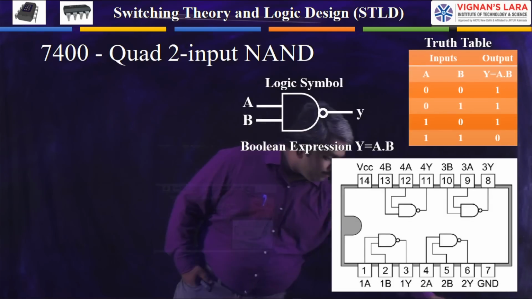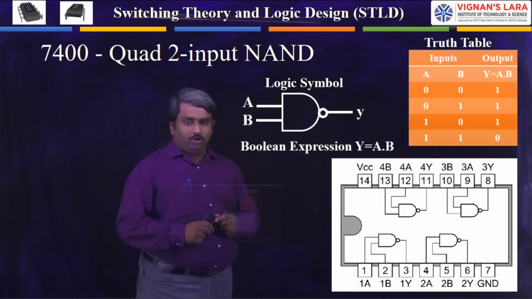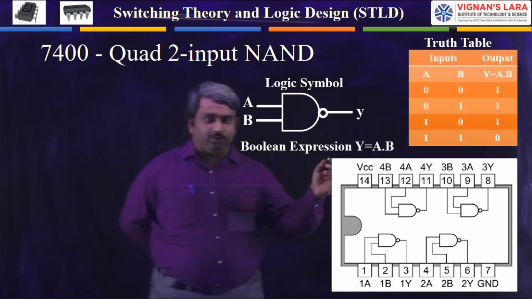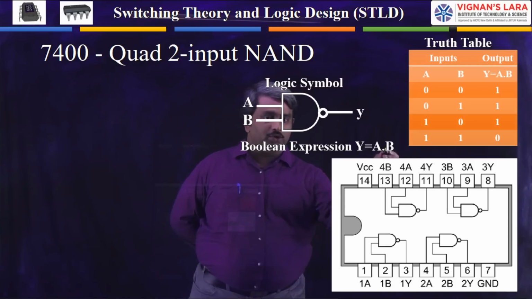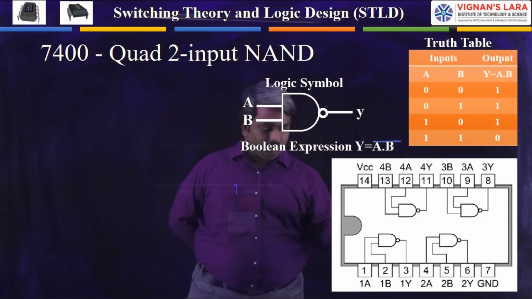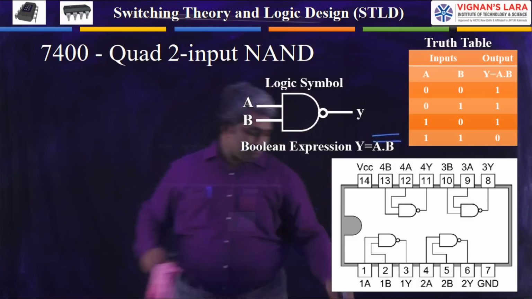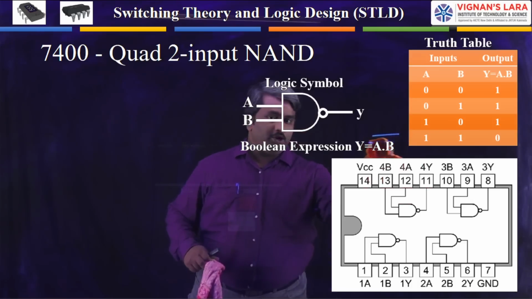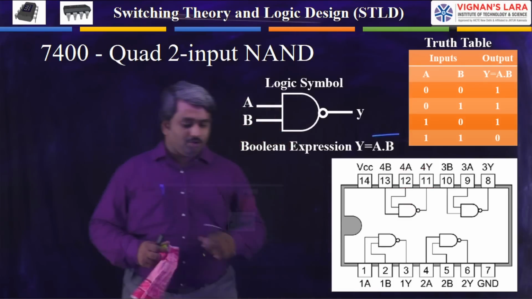Here we have a small modification. I forgot to put it here. Coming to the Boolean expression, here Y is equal to A dot B whole bar. Here actually you have to write A dot B whole bar. This is a mistake, I forgot about this one.